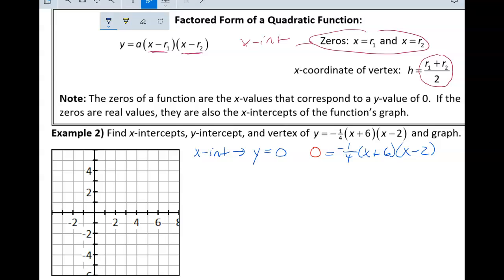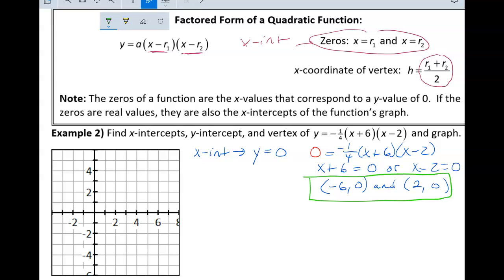We just set each of the individual factors equal to 0. So x plus 6 is equal to 0, or x minus 2 is equal to 0. Of course, negative 1/4 cannot be 0 because there's no variable in that factor. So we're going to get x equals negative 6, so we have the point negative 6, 0 because the y is 0. And we have the point 2, 0. Those are our x-intercepts.